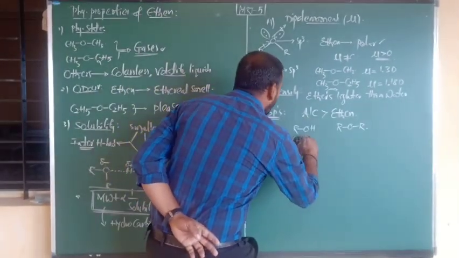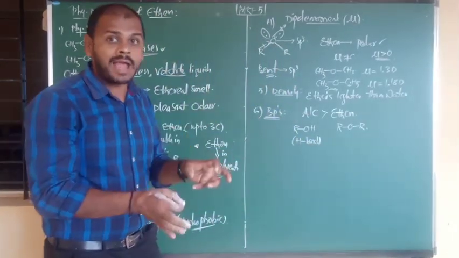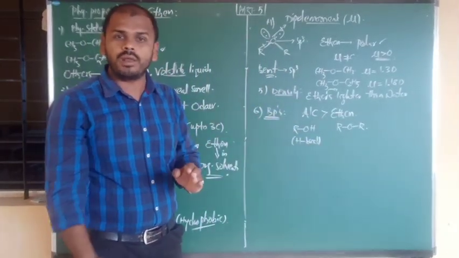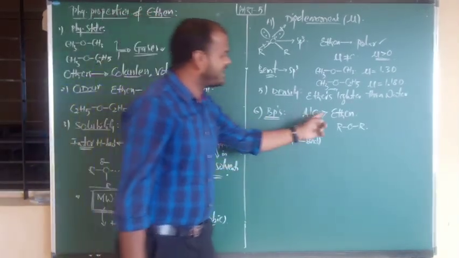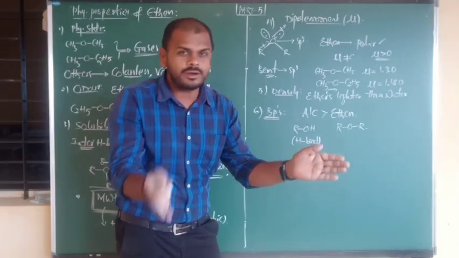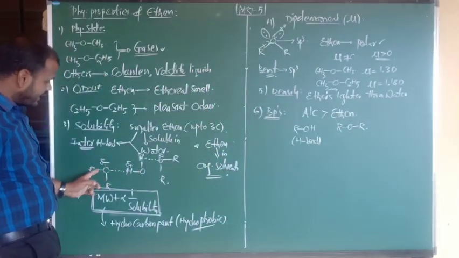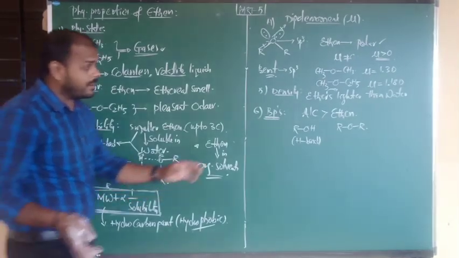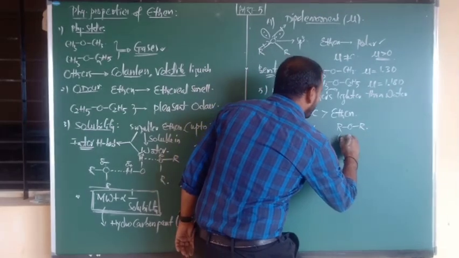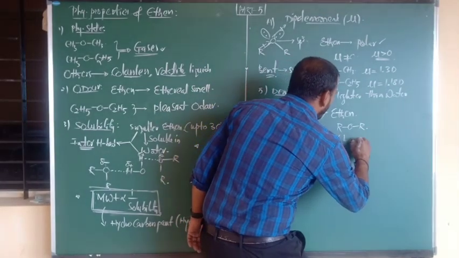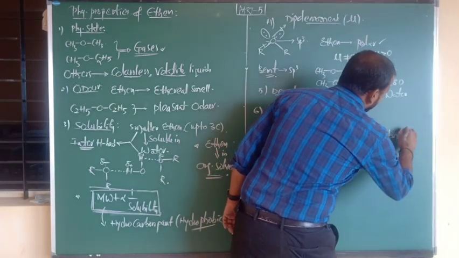Alcohols can form hydrogen bonds, and due to the formation of intermolecular hydrogen bonds between alcohol molecules, to break the bond you require a higher boiling point. But in case of ether, between ether and ether, there is no hydrogen bond. Ether can form hydrogen bonds with water, but ether to ether, no hydrogen bond.